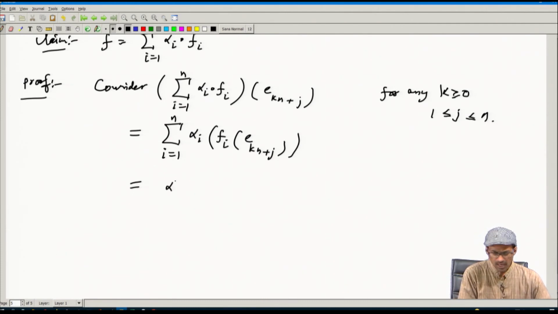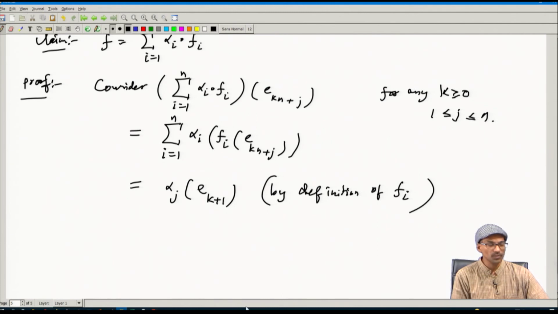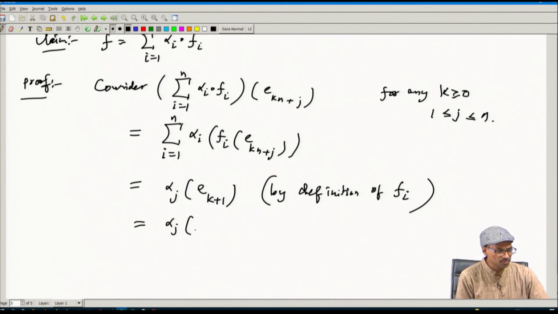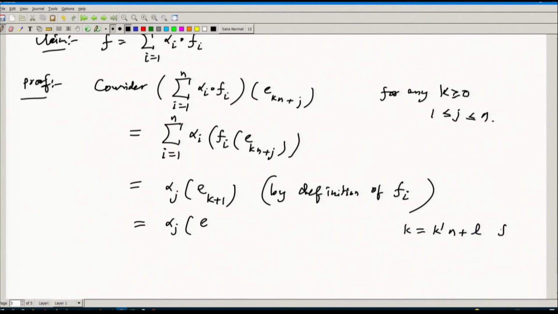This is alpha_j of e_{k+1}, by definition of phi_i. The rest of all terms will be 0, surviving with only this term. Let us write k as some k'n + L for some L, 1 ≤ L < n.